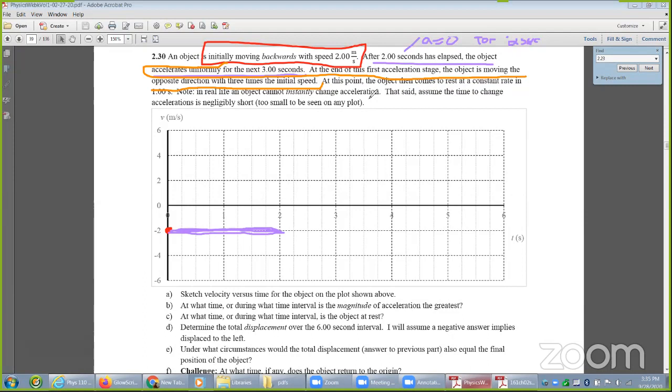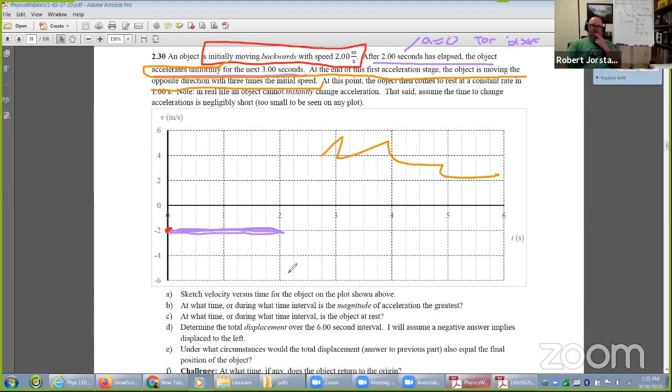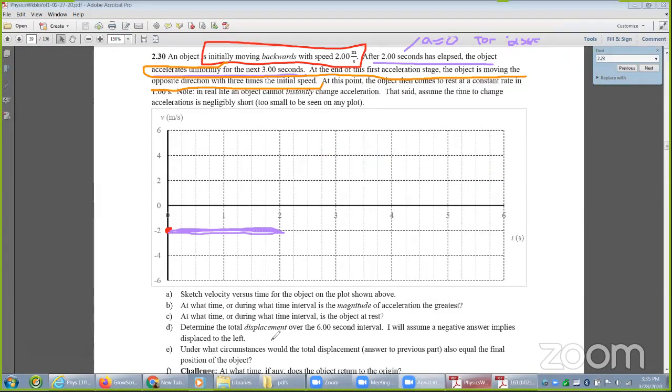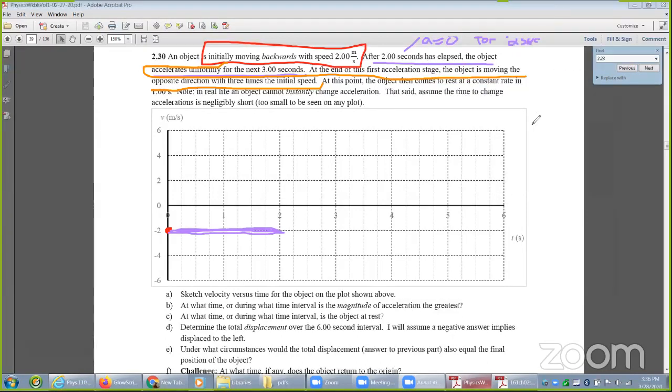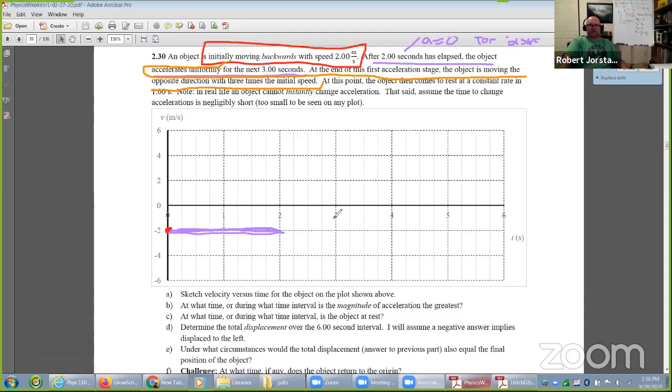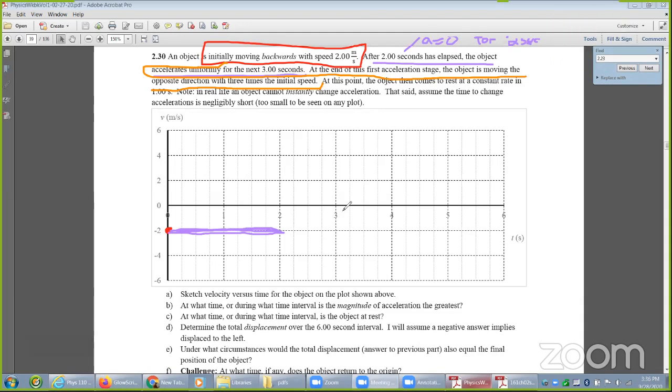And then it's going 3 times the initial speed. So -2 times 3. Well, it would be the speed, so 2 times 3, which is 6. So we're going to 6 meters per second. At what time does it hit 6? For the next 3 seconds, so at 5 seconds.